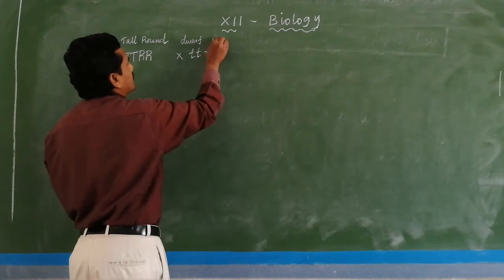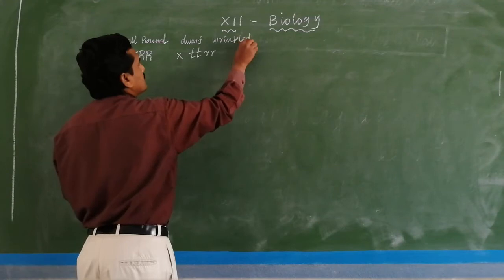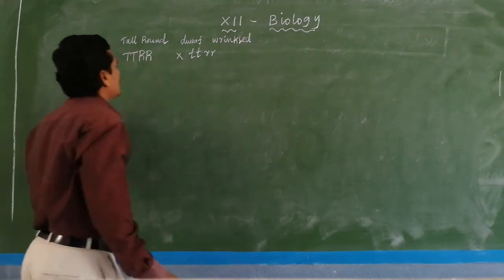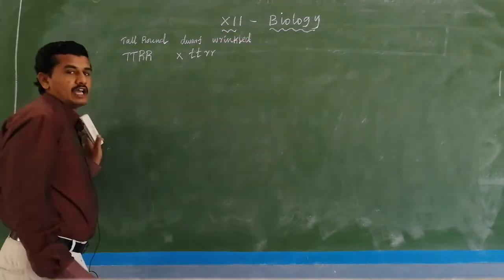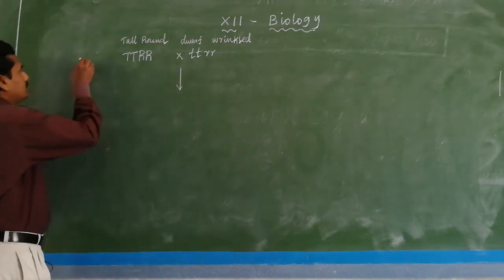Tall pea plant with round seeds and the dwarf pea plant with the wrinkled seeds. Actually, these are the parents.